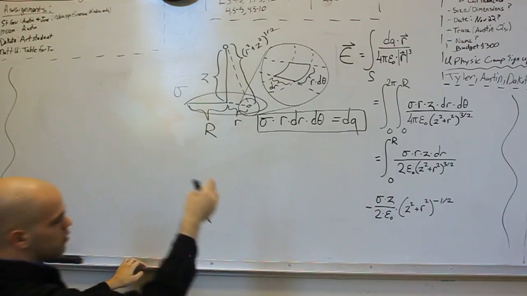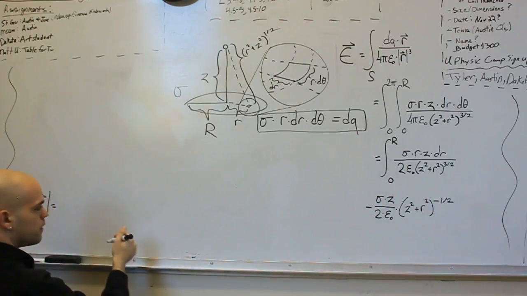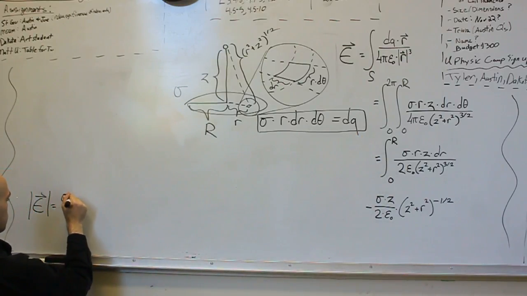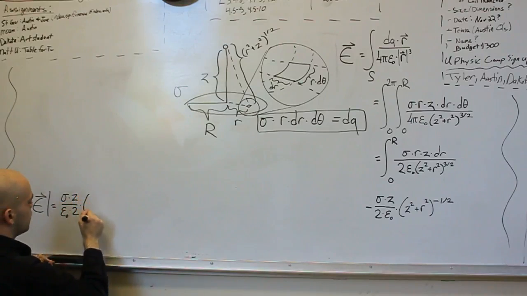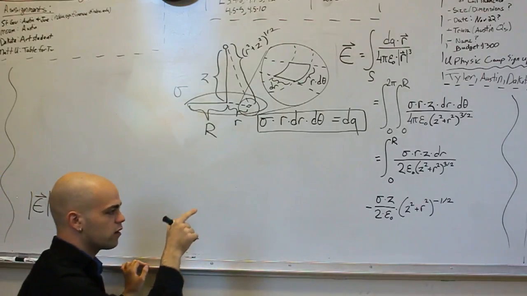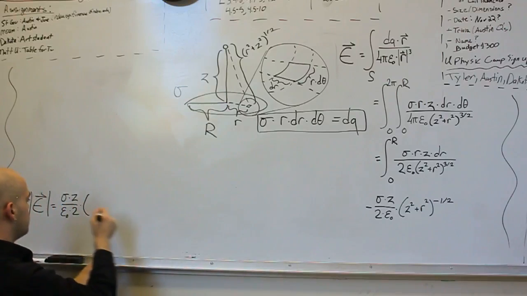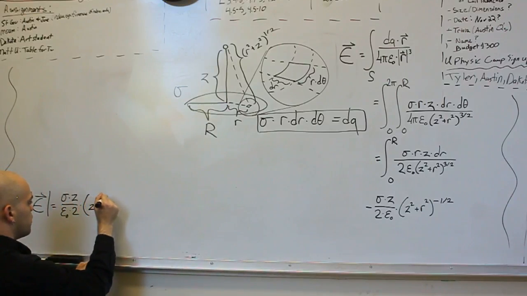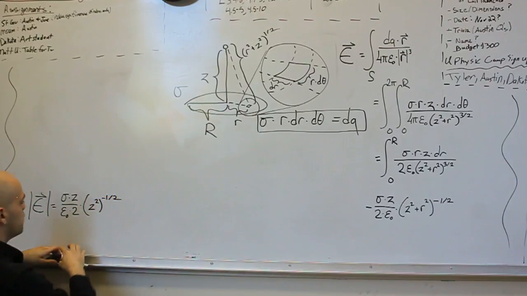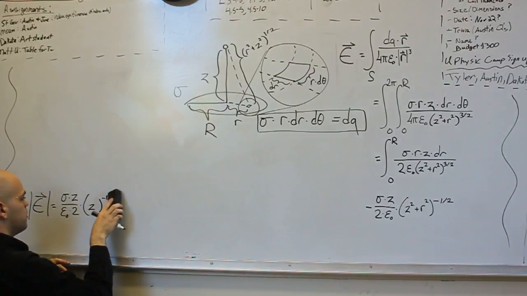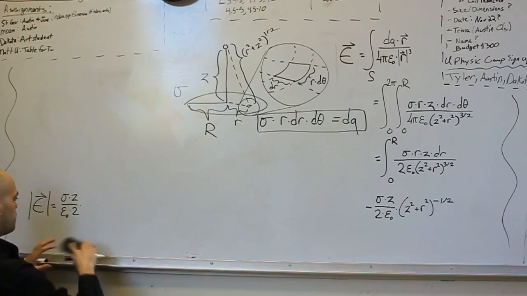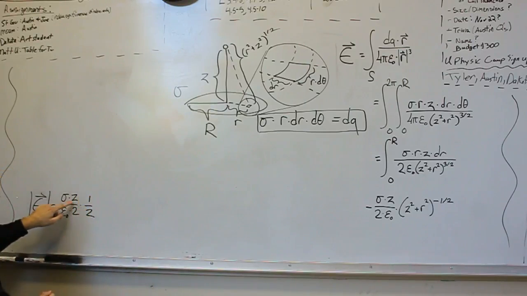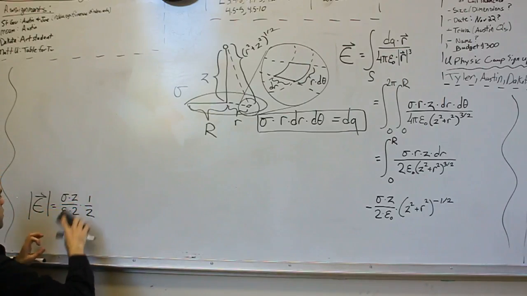So starting with 0, it'll be sigma times z over epsilon naught times 2. Oops, I reversed that. Oh well, whatever. Times, well, where little r goes to 0, it just becomes z squared to the power of -1/2. But, simplification. Z to the -1, which is 1 over z. Z times 1 over z is just 1.